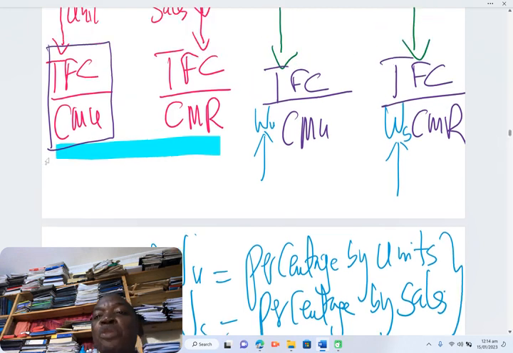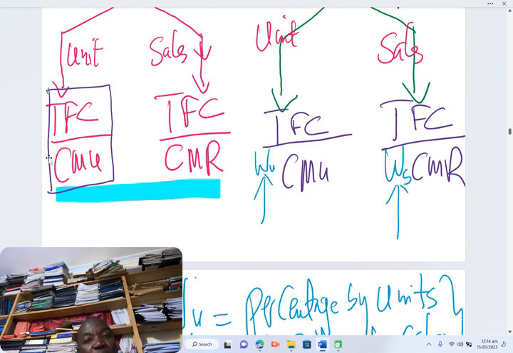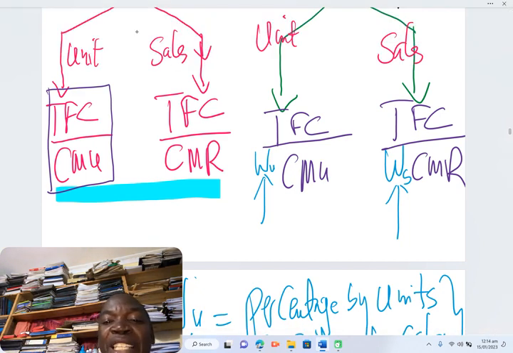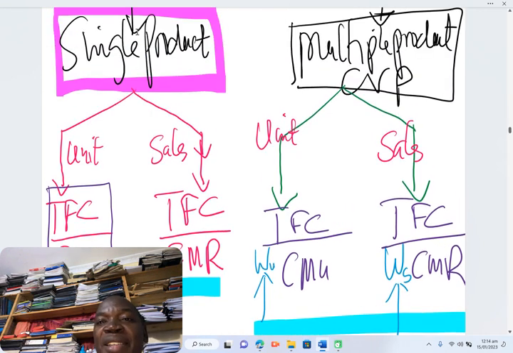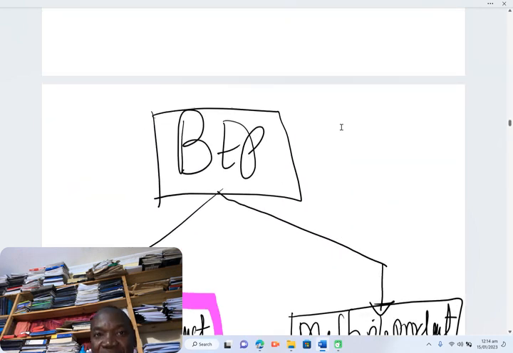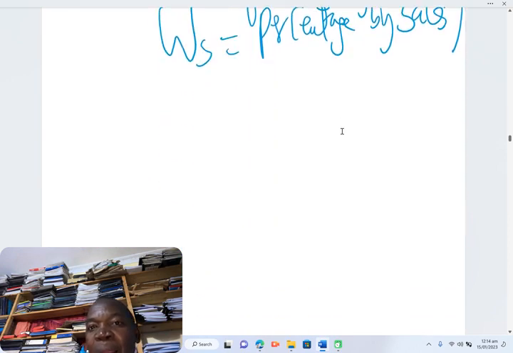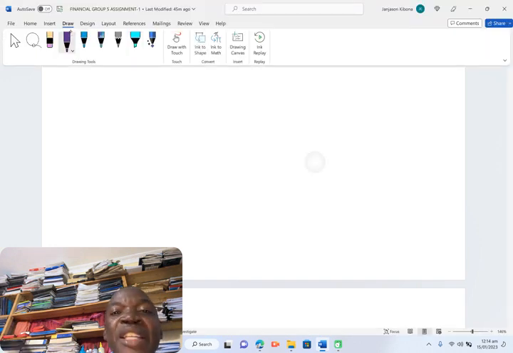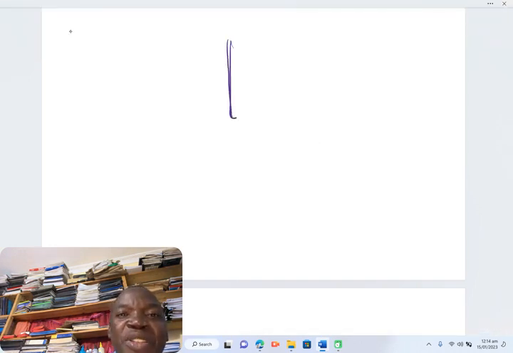Those are the two formulas to be used. So our problem is a CVP analysis for multiple products. We can't use the single product formulas because we have been given two products. Now let me solve the problem, because now, okay, I have to draw a model. We have a factory here, a model for XYZ. We have the XYZ factory. This factory is here.